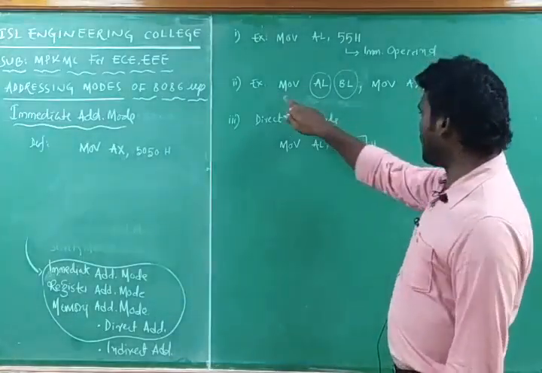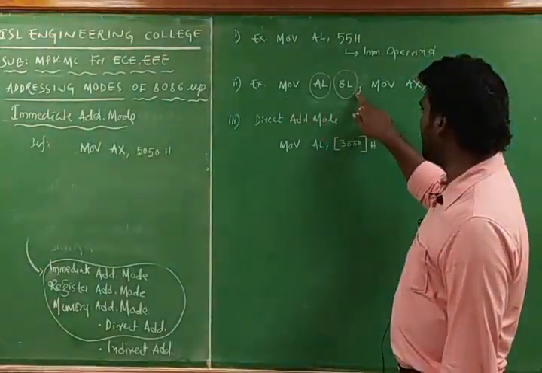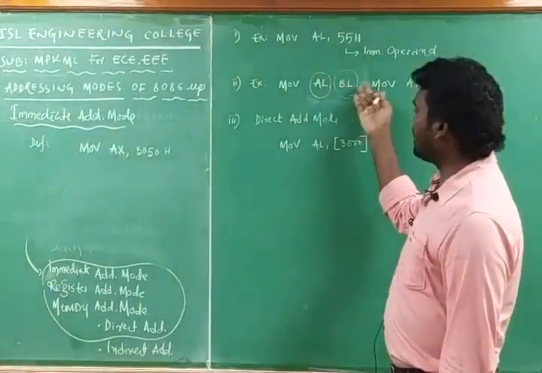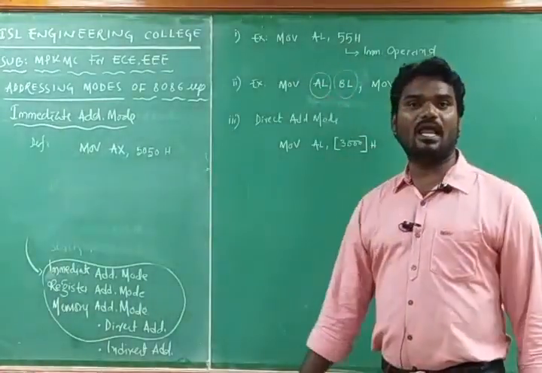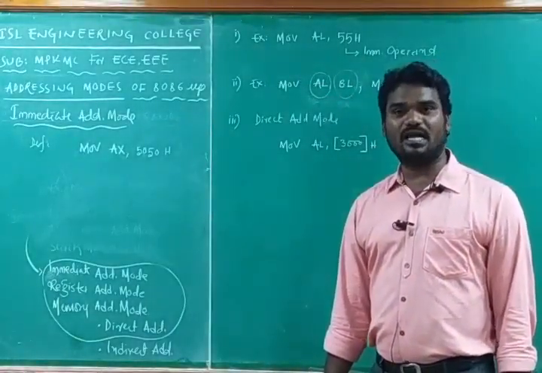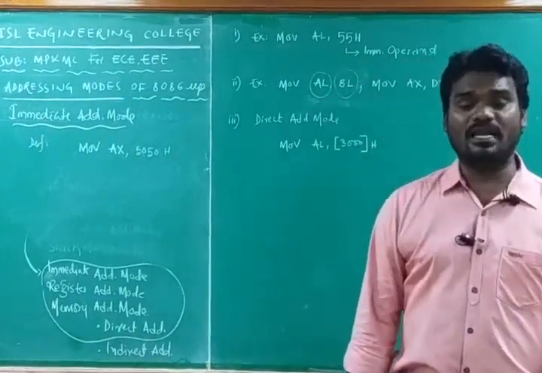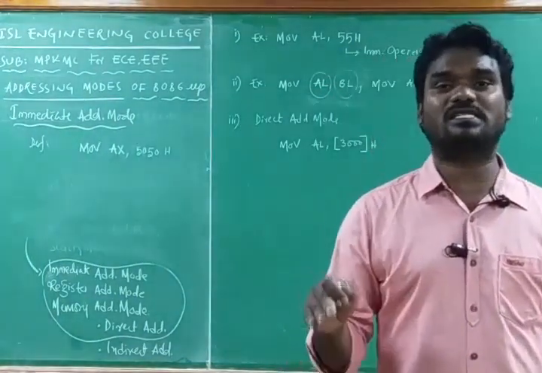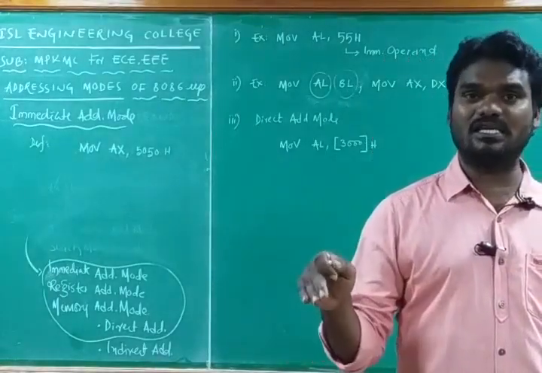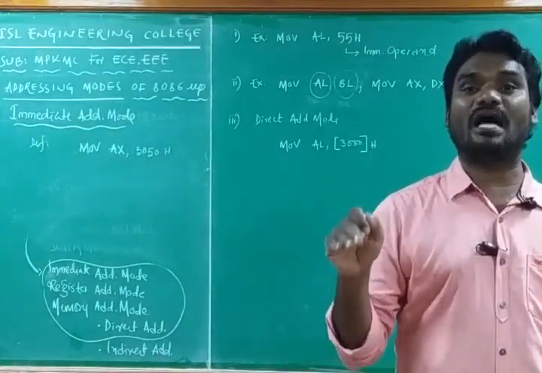Here the microprocessor directly goes to BL, finds some data in BL, and that data is moved into AL. This type of addressing mode is called register addressing mode. That means in the register addressing mode, the instruction is specified with the registers, where the registers can have the operand.